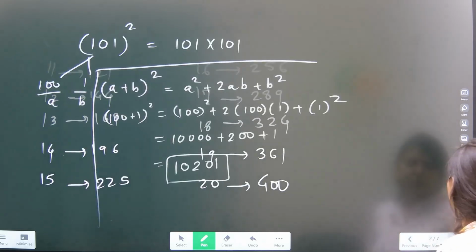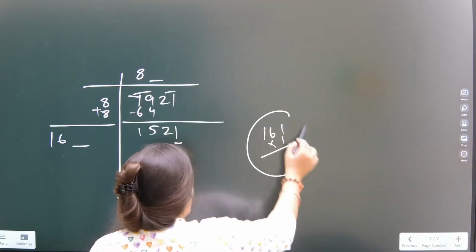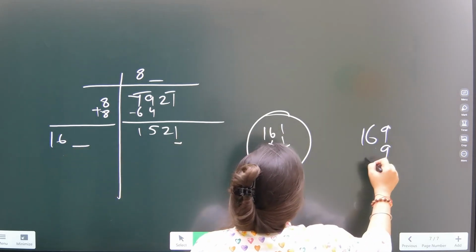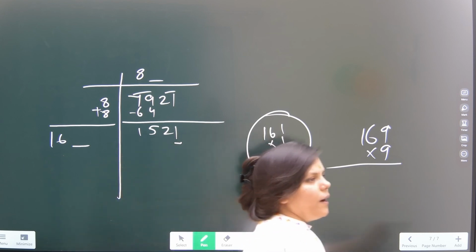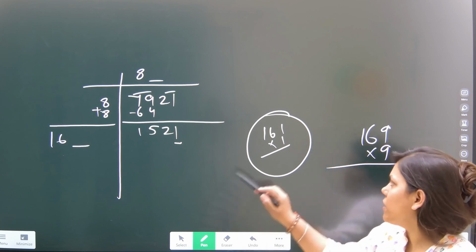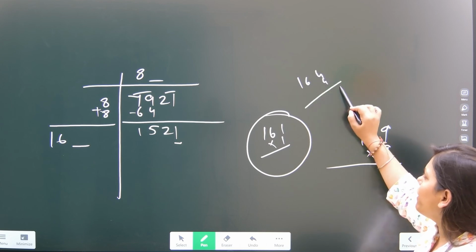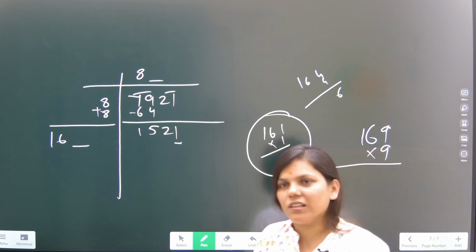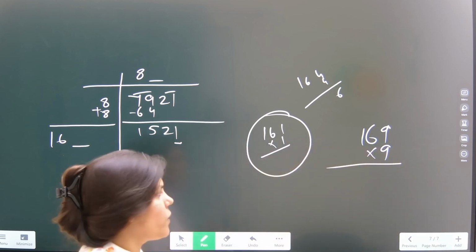So if this is not the answer, my most probable answer would be 169 into 9. Why? Because if I am doing the multiplication with 5, it will end with 5. If I am writing here 4, it will end with 6. Okay? So this method is called the cyclicity. By the method of cyclicity, you can solve this very quickly.